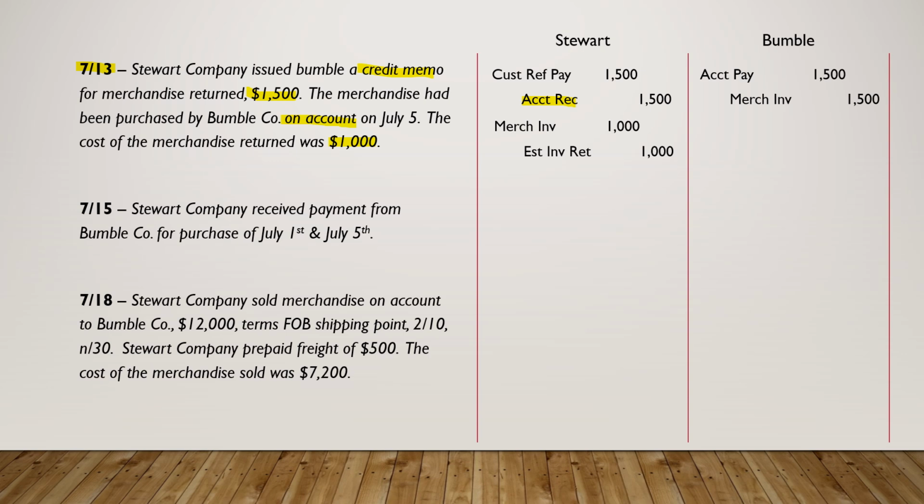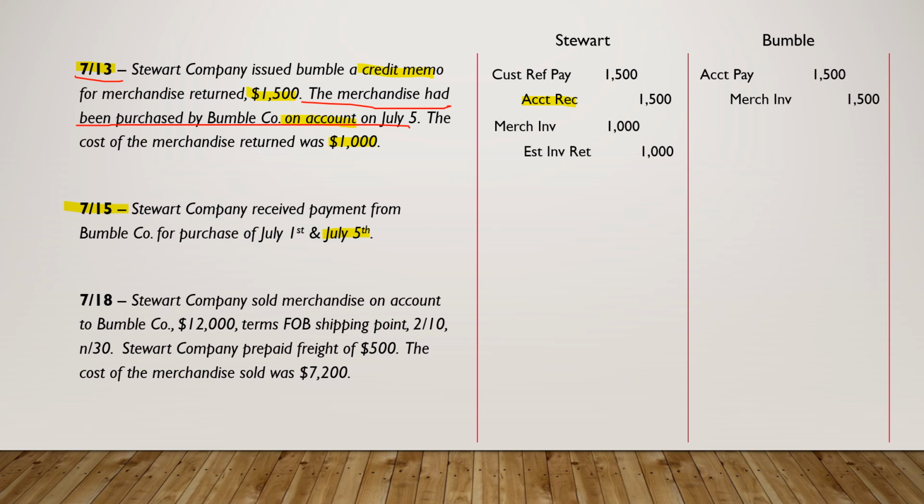July 15th. Stewart Company received payment from Bumble Company for the purchase of July 1st and July 5th. Now remember, part of that July 5th purchase was later returned on July 13th. These entries go back to Chapter 2.